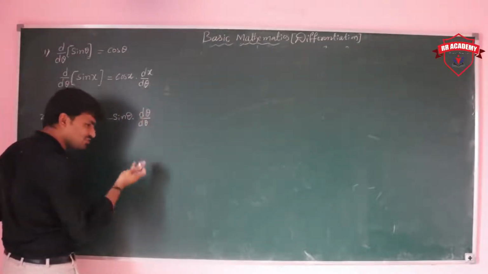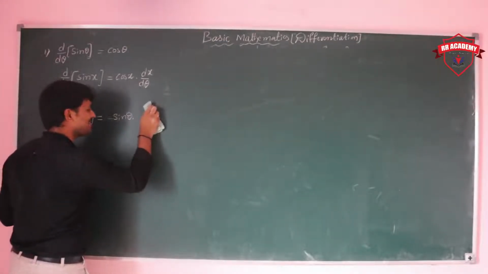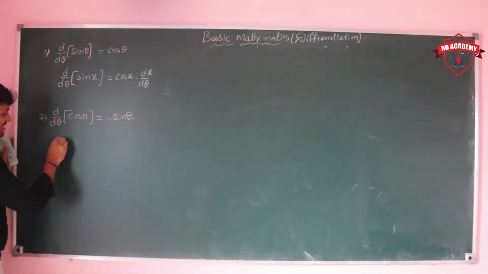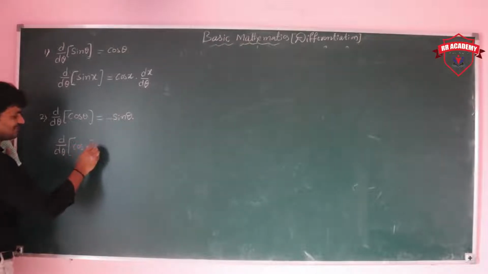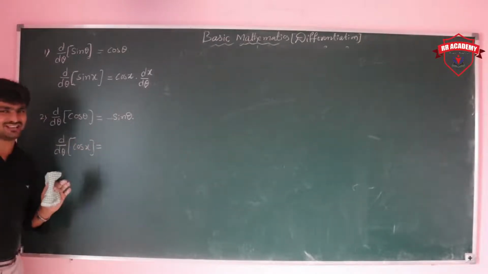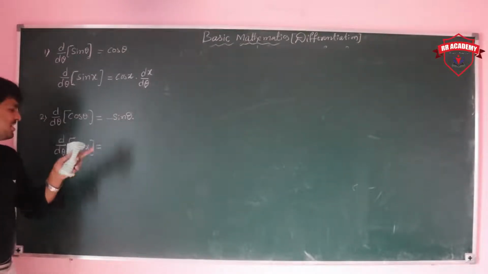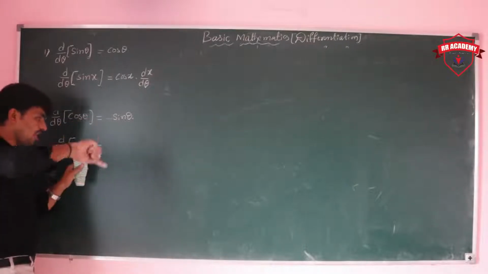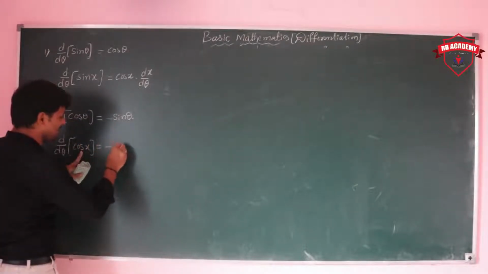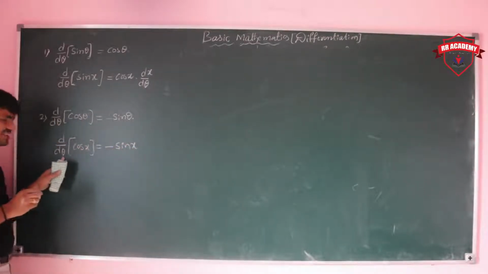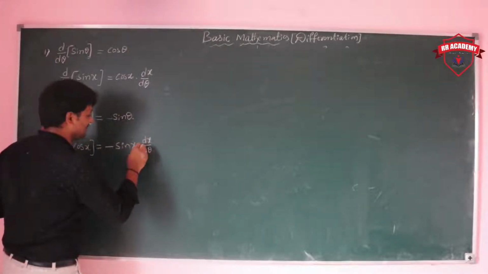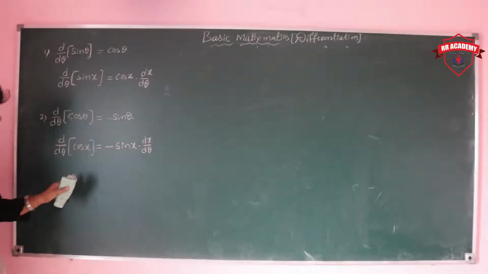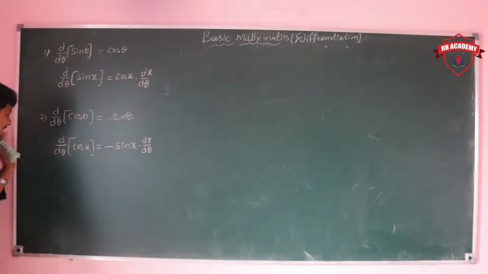D theta by d theta means 1 only, so no need to write it. And take d by d theta of cos x, because x is another variable. Then cos x differentiation is minus sin x, and x differentiation with respect to theta is dx upon d theta.